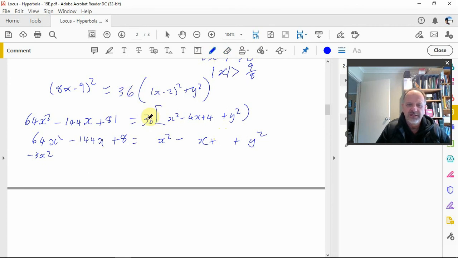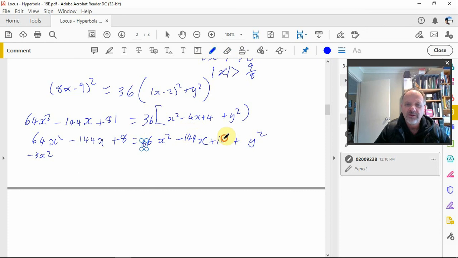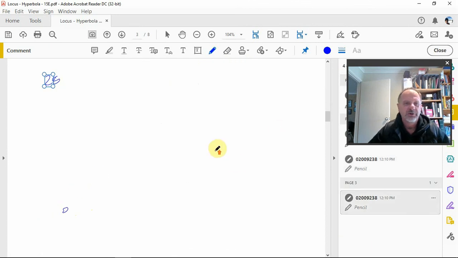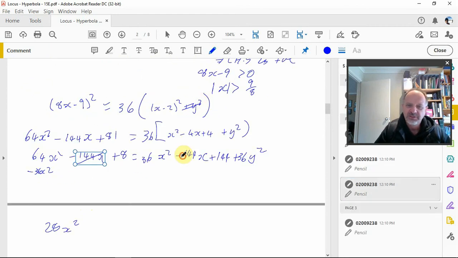Transcribing error, it should be 36. 36 times 4 is 144. 64 minus 36 is 28. So 28x squared. Add 144x to both sides.